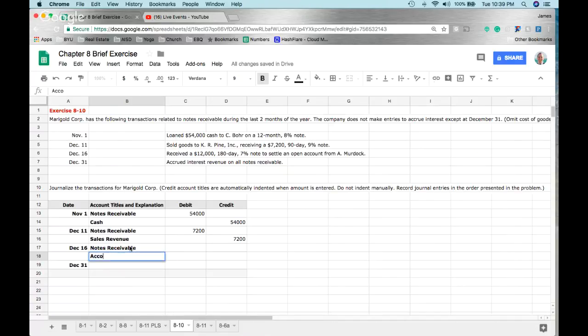And then the next one would be accounts receivable. So the notes receivable would be 12,000, and accounts receivable would be 12,000 as well.